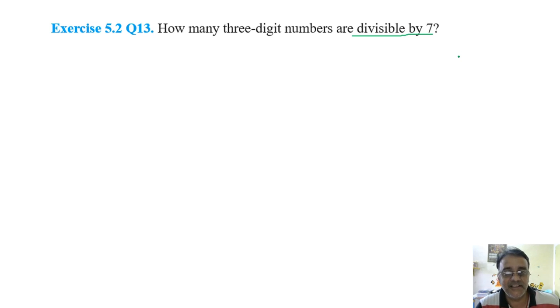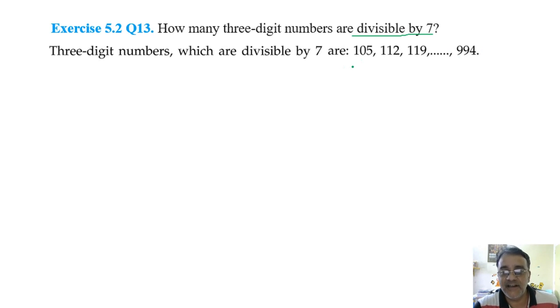After 105, what will we do? We keep adding 7. What is the last 3-digit number which is divisible by 7? 994. Right, very good.